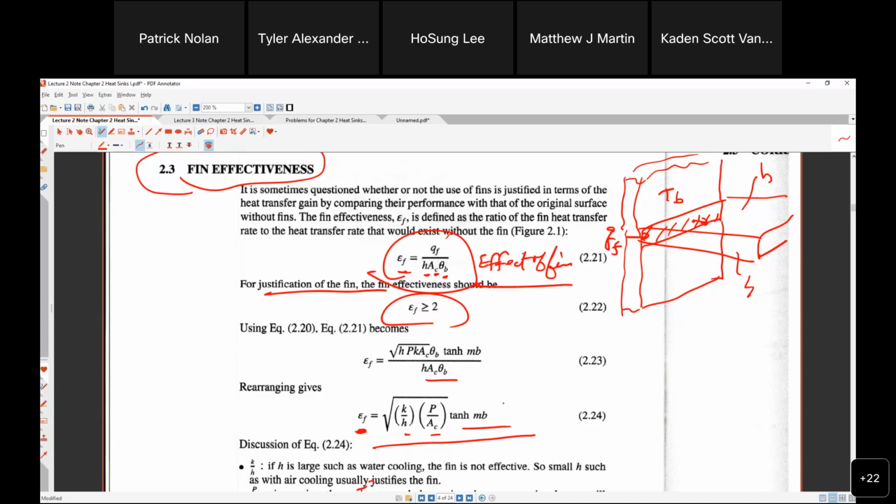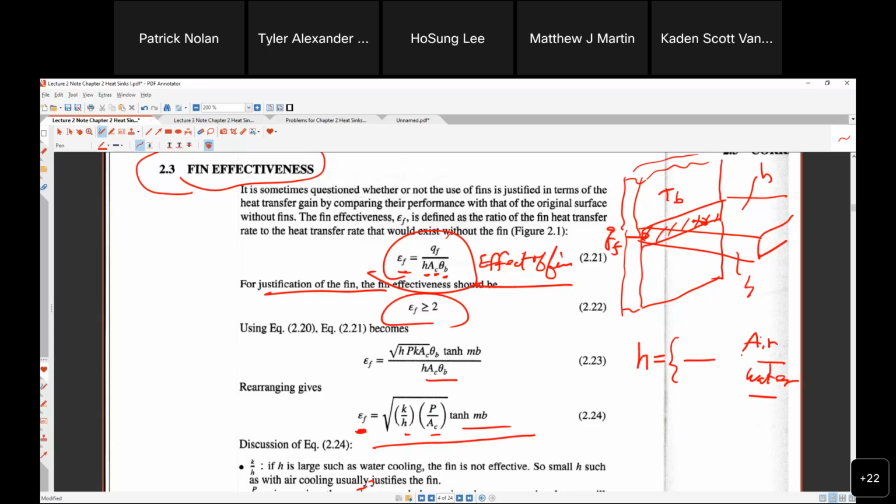So k is a property of the fin. What is h about air and water? Anyone? What is the air h about?